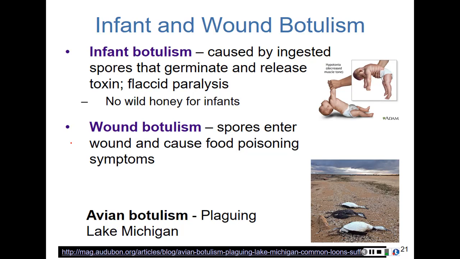Avian botulism is a well-known thing, particularly in Michigan. Avian botulism has killed thousands of birds. And if you have ever been to Sleeping Bear Dunes, this is an area that has been well known in Michigan to have avian botulism.